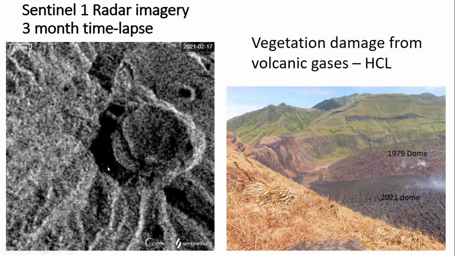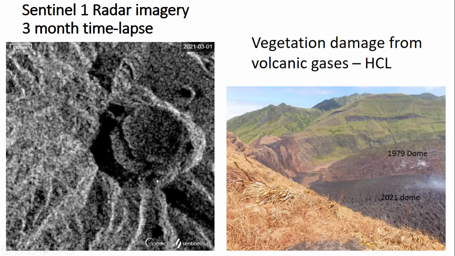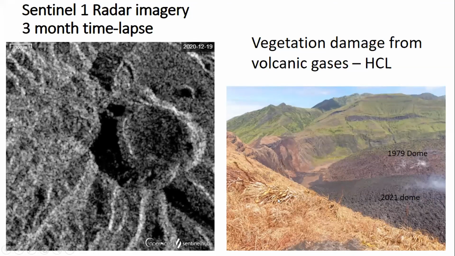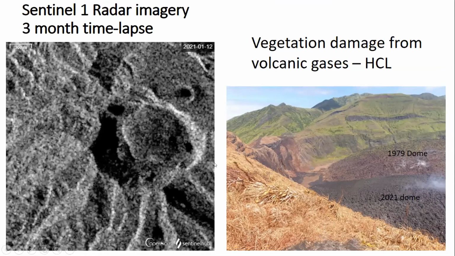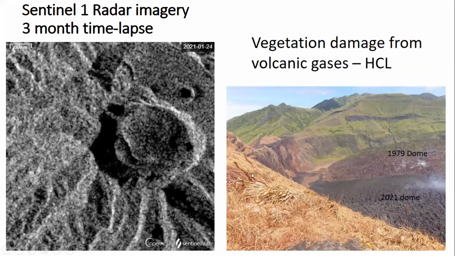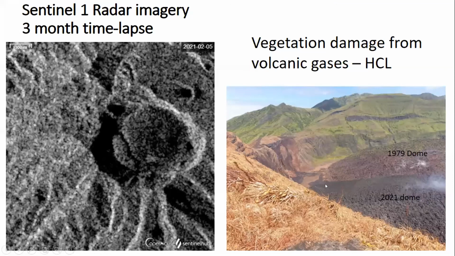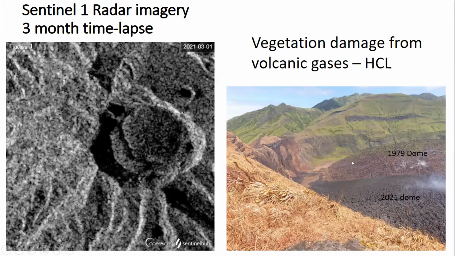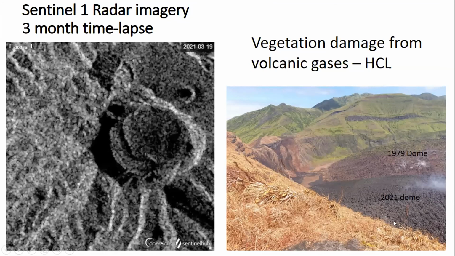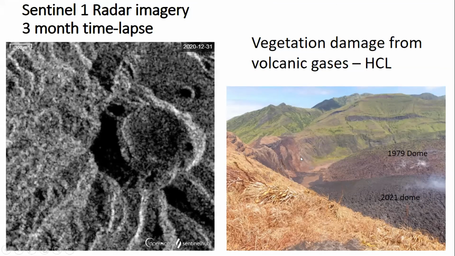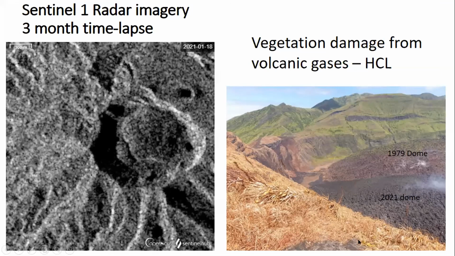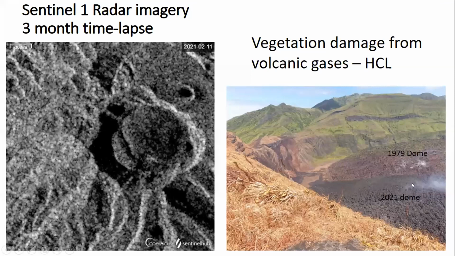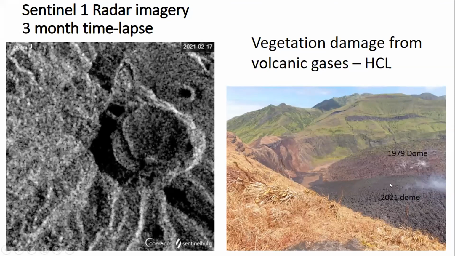It's now an elongate structure in this area just here. The potential hazards at the moment are very low in St Vincent, because the lava dome is contained within the crater. The major hazard really at the moment is from volcanic gases. You can see the vegetation damage produced by the volcanic gases from the emission of this lava.